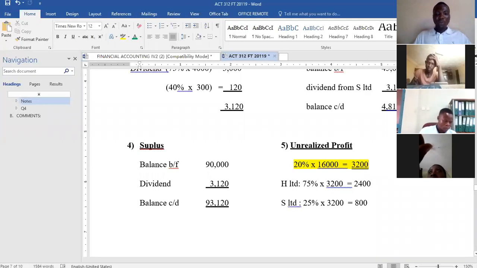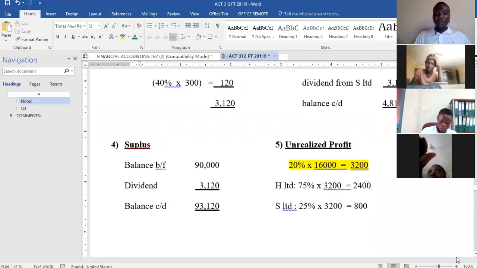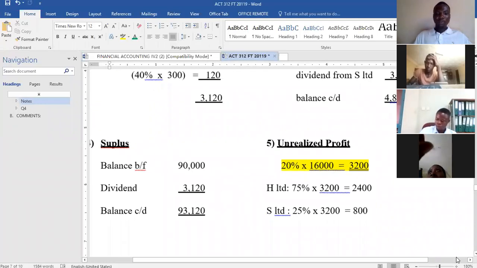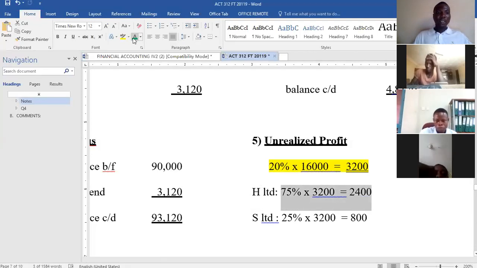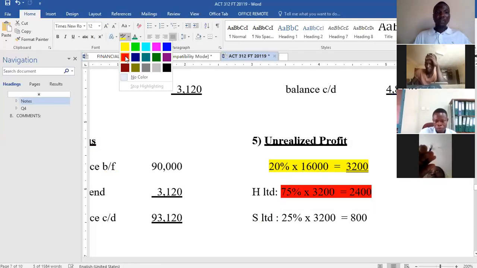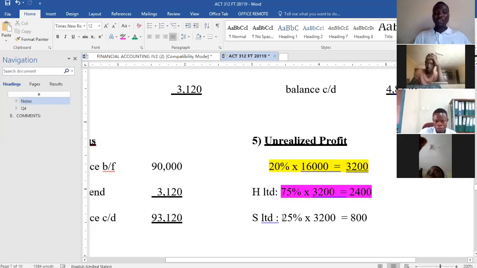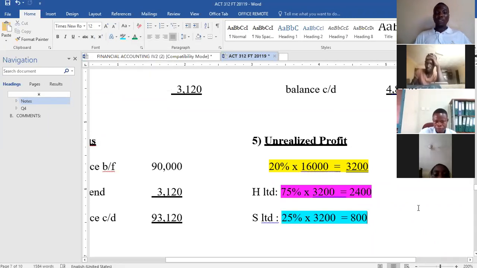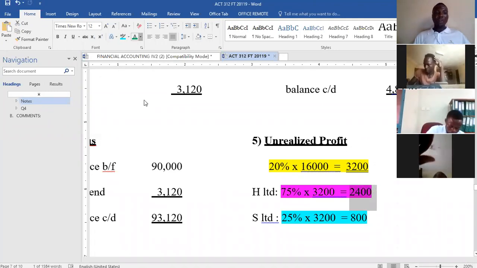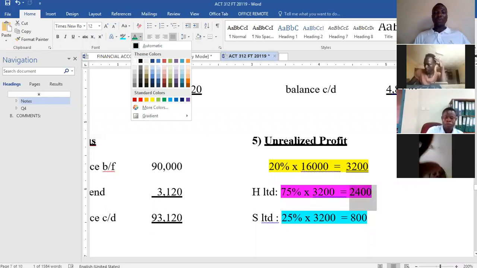So this 3,200, I'll share it 75% and 25%. 75% of this 3,200 will go to H Limited, and 25% of this 3,200 will go to S, the subsidiary. Sorry, the minority. So you can see that when I add the 2,400 here and the 800 here, I'll be getting my 3,200. Are you getting it?